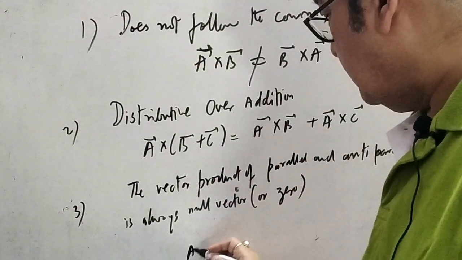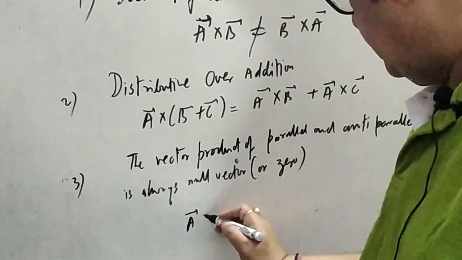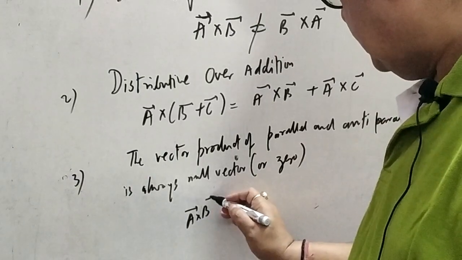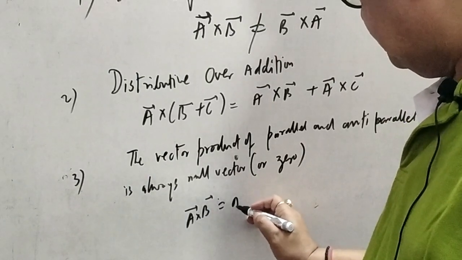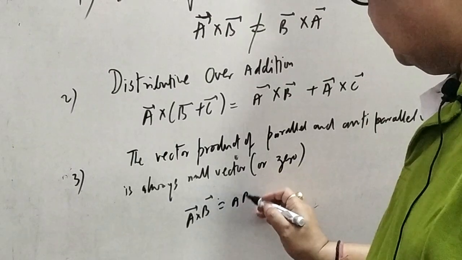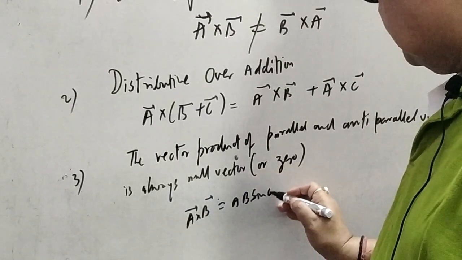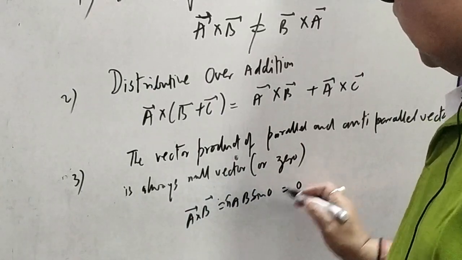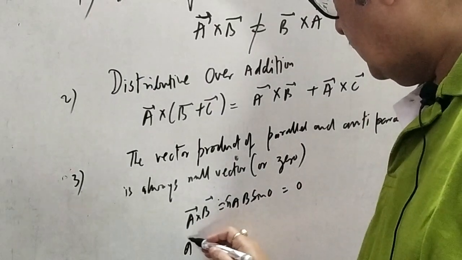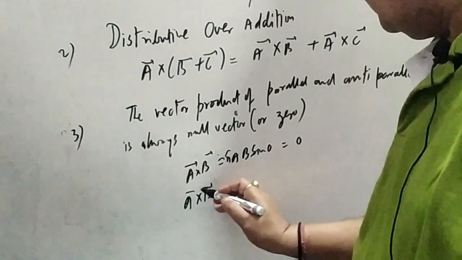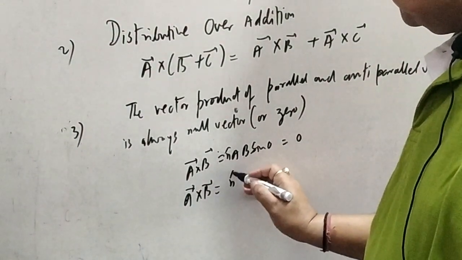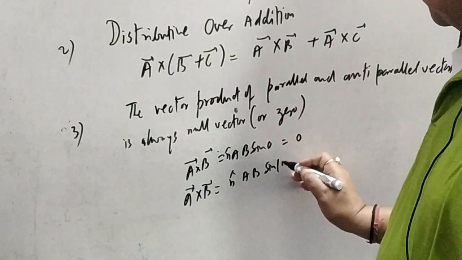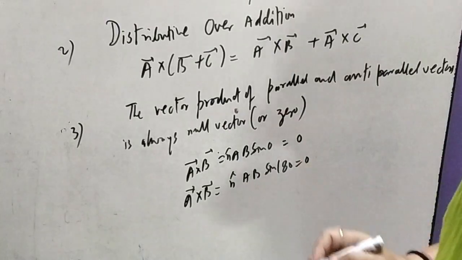That means we can write A cross B equal to AB sin 0, or A cross B equal to AB sin 180, which is again 0.